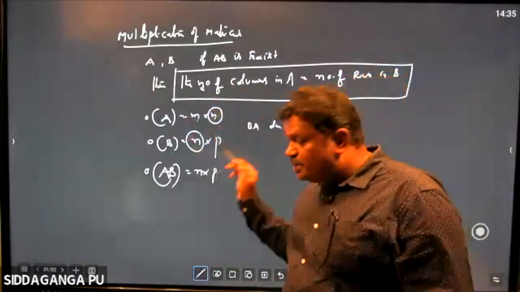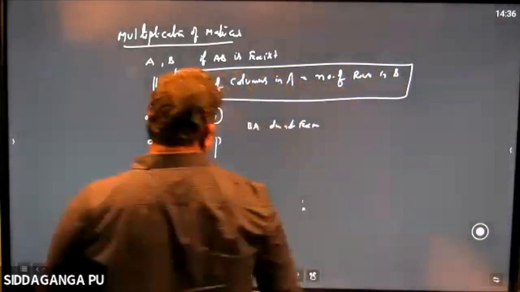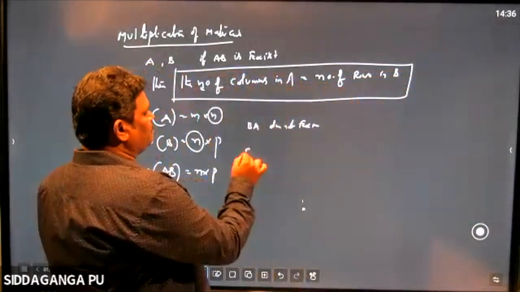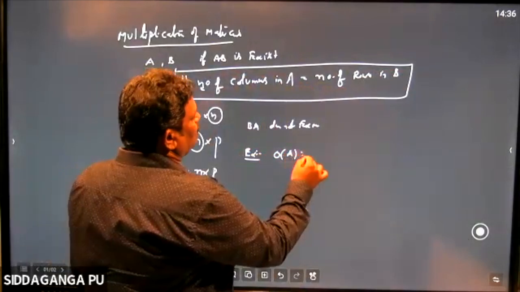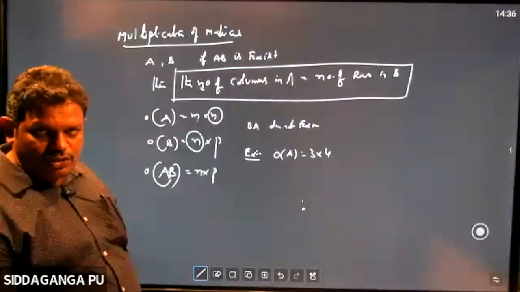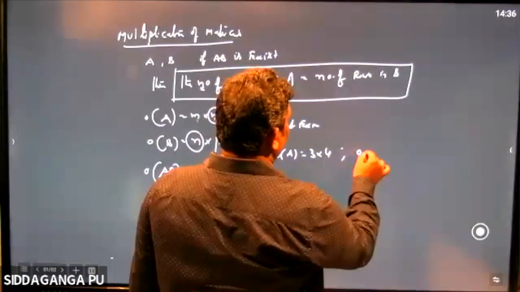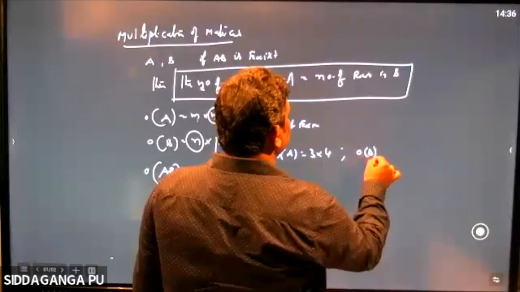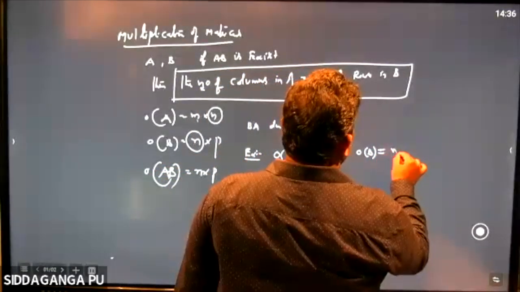In this concept, previous questions were given. For example, we can take one previous question for the K-SET. They gave the order of matrix A as 3 by 4 and the order of matrix B as m by n.